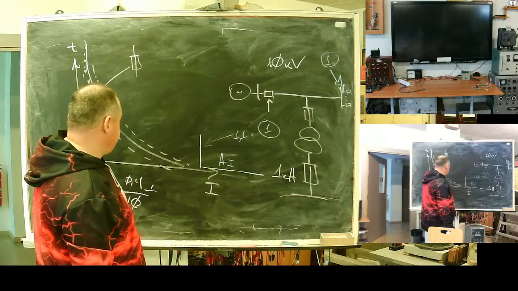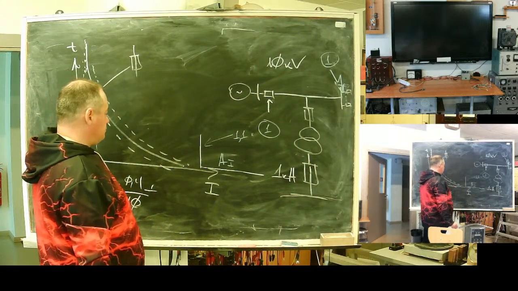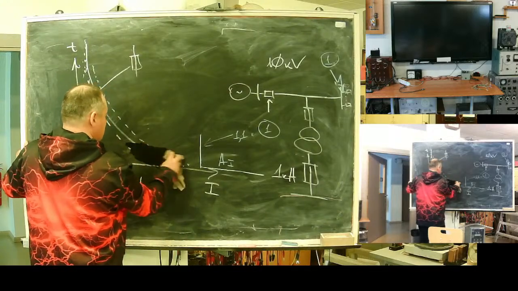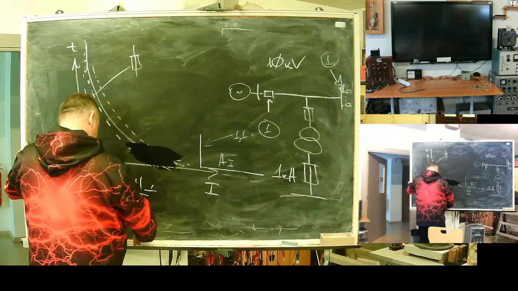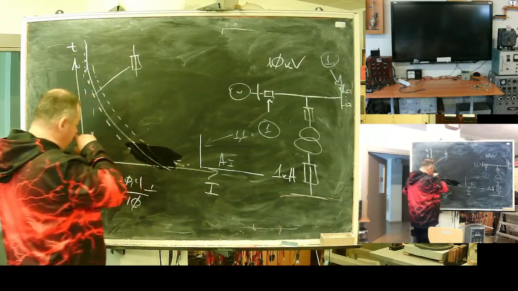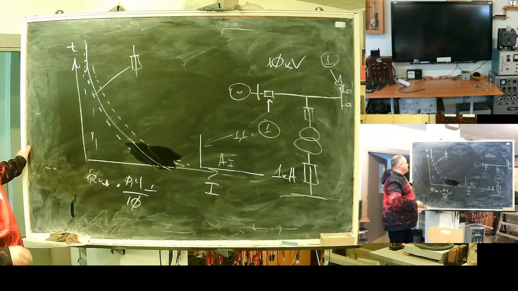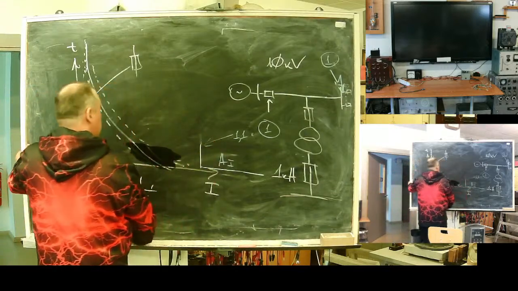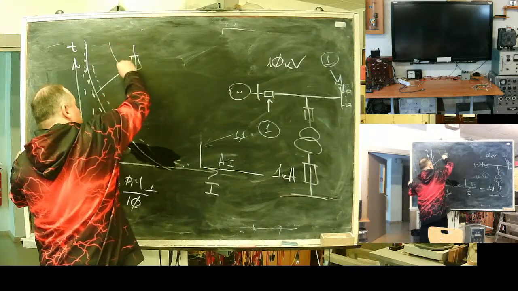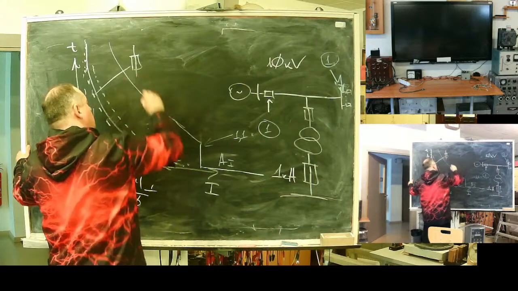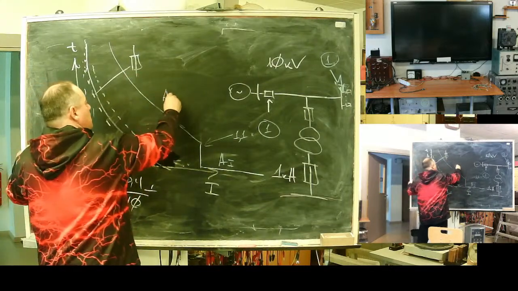Next, maybe it finishes somewhere here. What will be next in the simplest case? In the simplest case, my second zone will be like this, time dependent, A2.